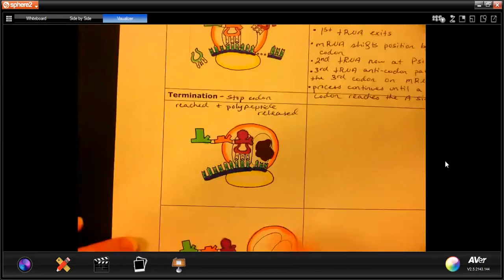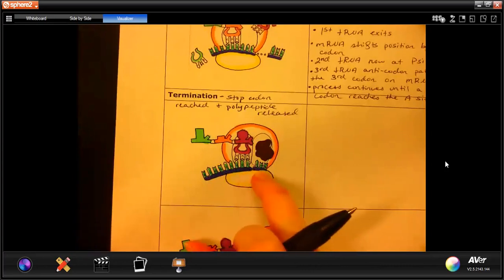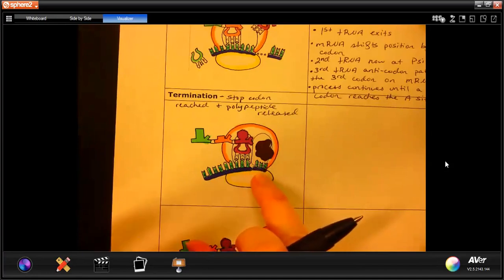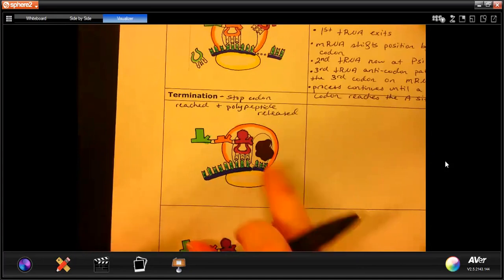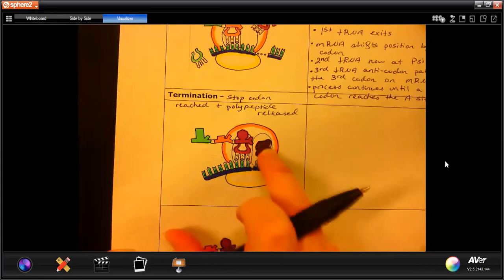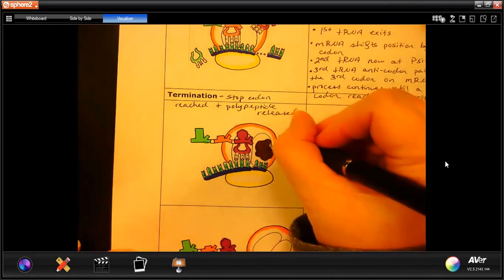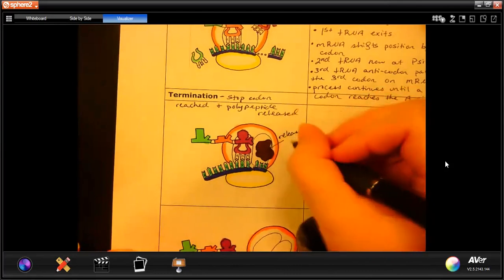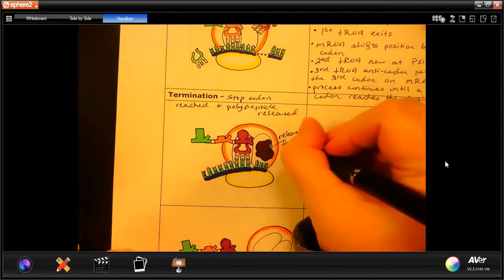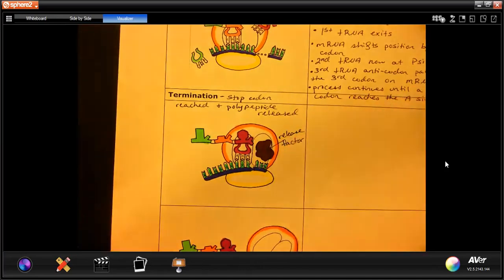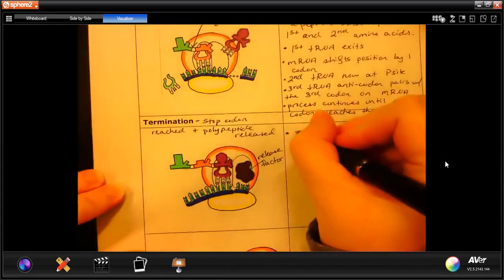But what really happens is when we hit a stop codon, so our codon here is UGA. That doesn't code for an anticodon. And that automatically causes a release factor, which in here is just a globular protein. So this is our release factor. That causes that to enter the A site. So, okay, let me just write that down.